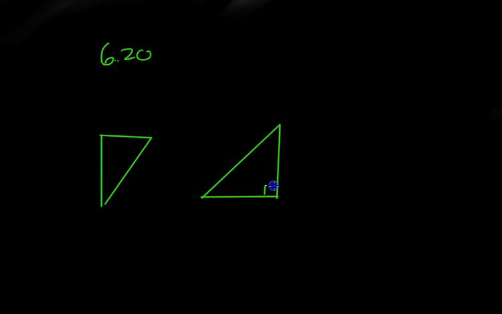They give you the length of two sides of each triangle, and they ask you to say whether or not these triangles are similar. We have this side 16, this side's 20, this side right here is 15, and this side's 12. They say that this triangle is called ABC, and this triangle is called PRQ.